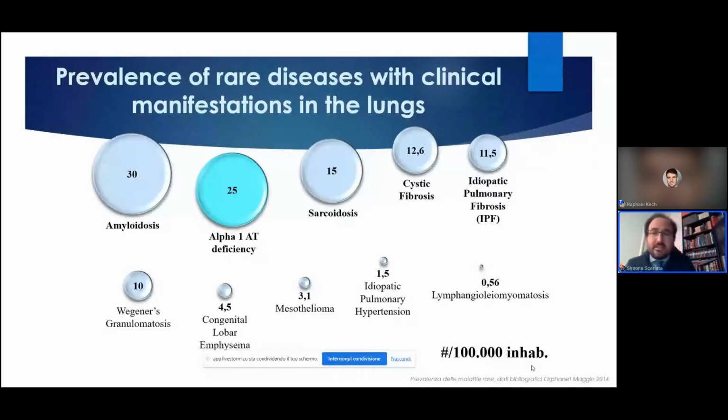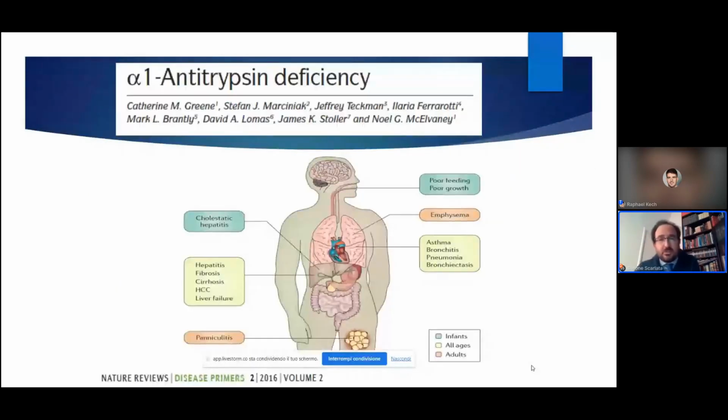Let me say a few words about the clinical presentation. I'm aware that most of you are not actively involved in clinics, so I don't want to go too deep in this. However, let me briefly say how a patient with alpha-1 antitrypsin deficiency may present in clinic.